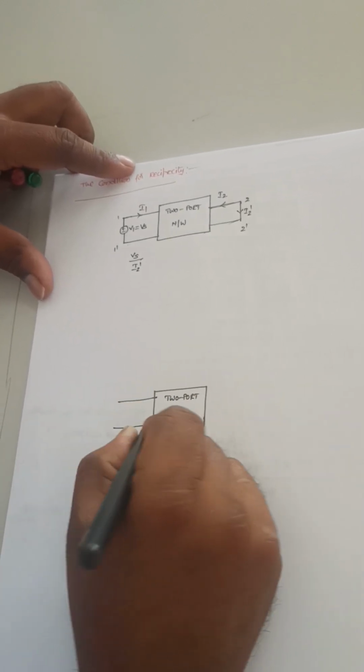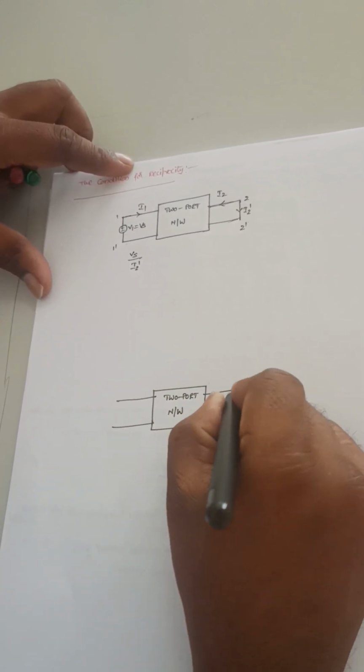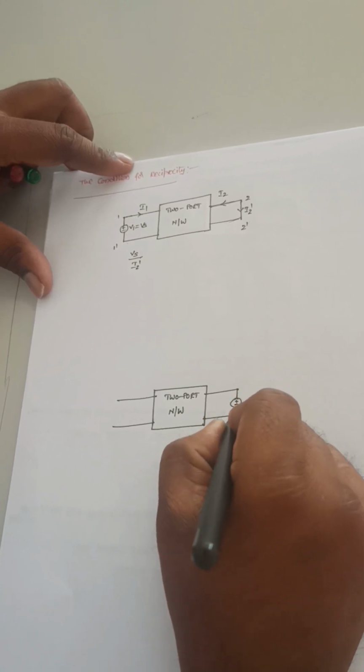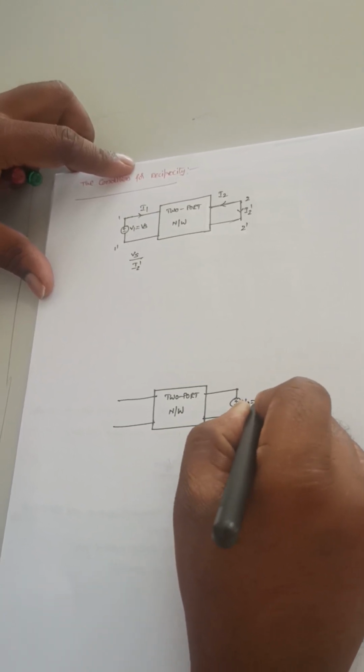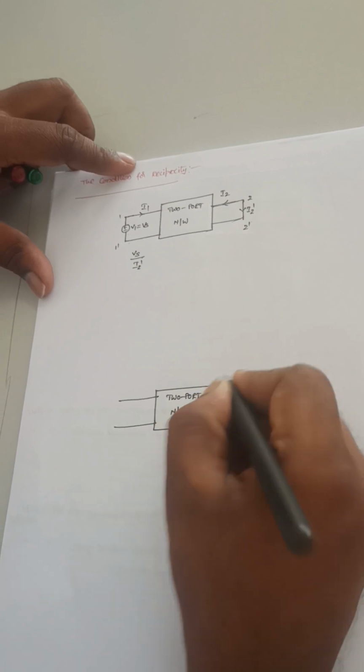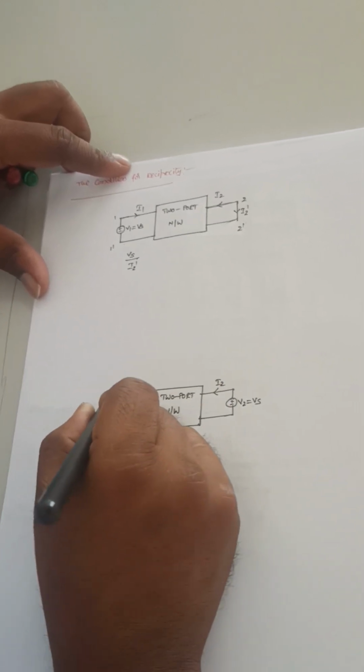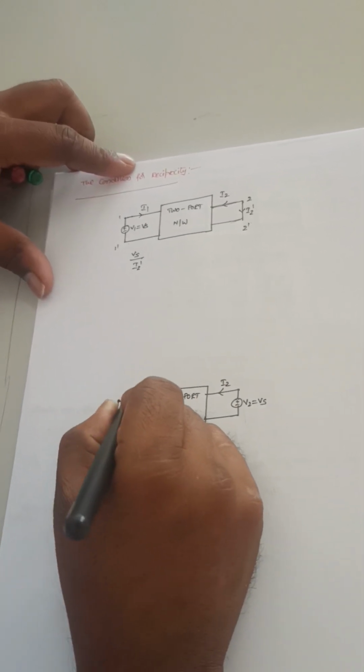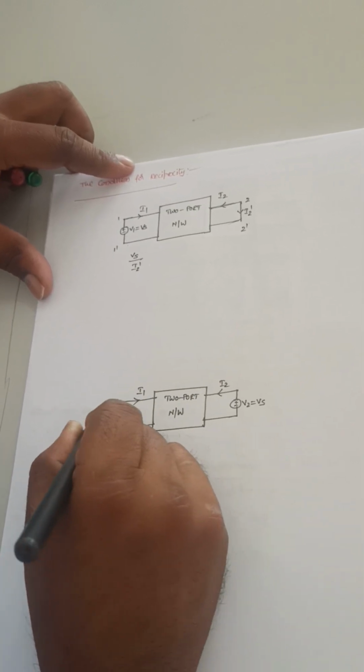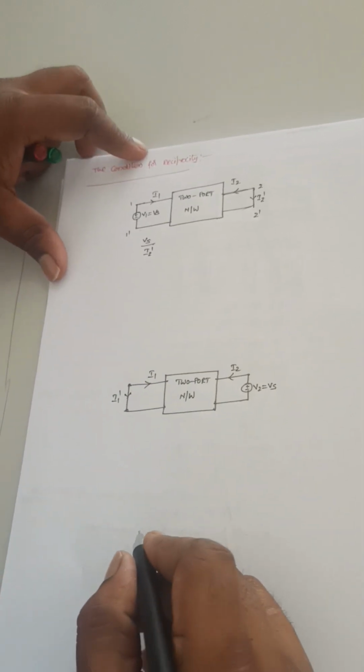If we interchange this excitation, that is V2 is equal to Vs, and this current is I2, and this port should be short circuited. This current is I1 and this current is I1 dash.